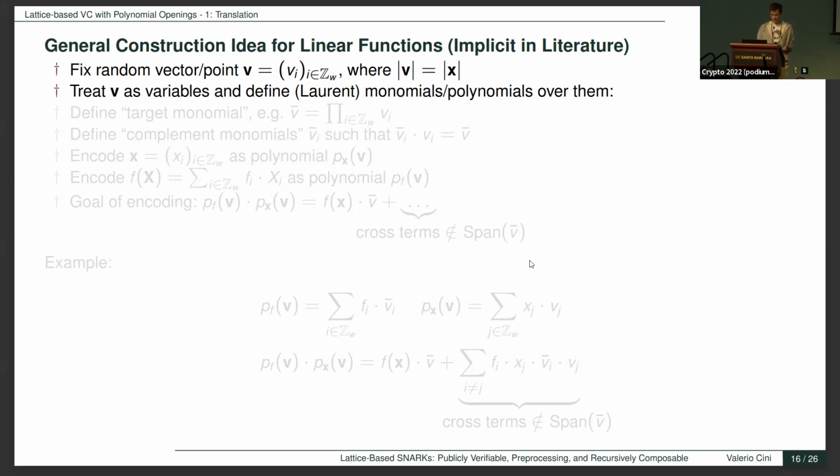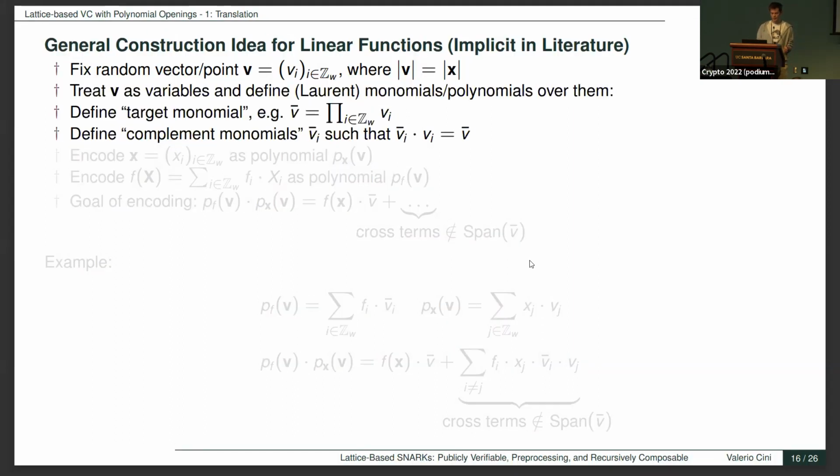We will define a target monomial and complement monomials. The target monomial will be denoted by V bar, and in this example, it will be just the product of all the entries of V, all the Vi's. The complement monomials are defined for each i and denoted by Vi bar, and are monomials such that Vi bar times Vi equals the target monomial V bar. So in this case, Vi bar would be the product of all Vj's with j different from i.